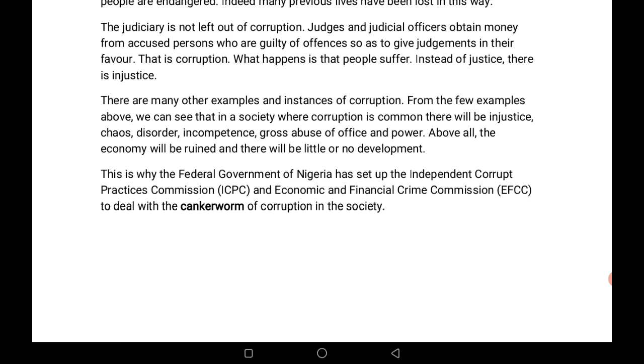And finally, the writer looks at the organizations responsible for punishing people who engage in any corrupt practices. And these organizations are ICPC, known as Independent Corrupt Practices Commission, and EFCC, Economic and Financial Crimes Commission.